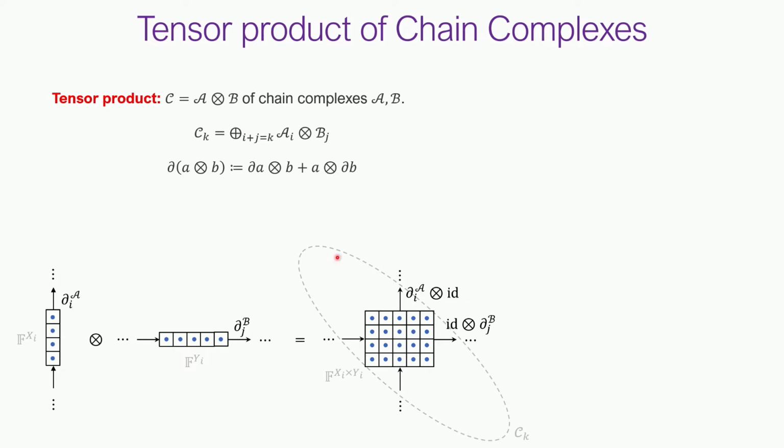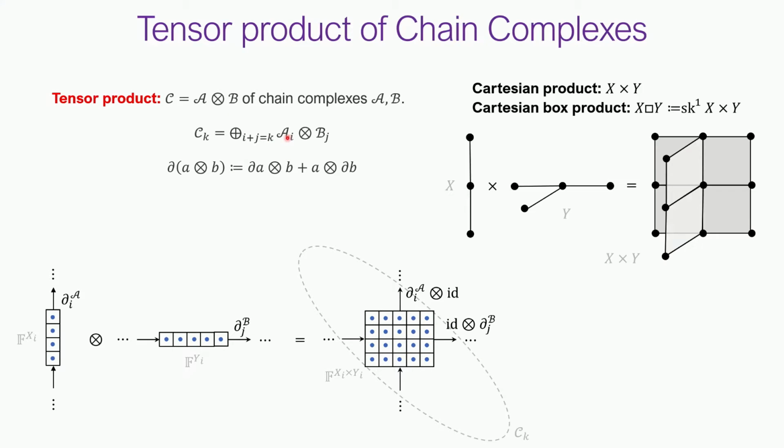And we combine the terms that constitute the diagonal into one linear space, and these linear spaces form a new chain complex. And what is important is that this idea is closely related with the Cartesian product of topological spaces, and even more important, with the so-called Cartesian box product.